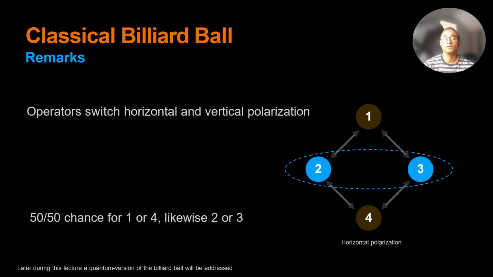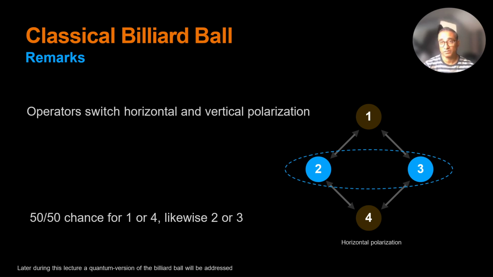But what does this example serve us? It says that there is an operator that switches between horizontal and vertical polarization. There is a 50-50% chance, so the L1 normalized state is not being lost.